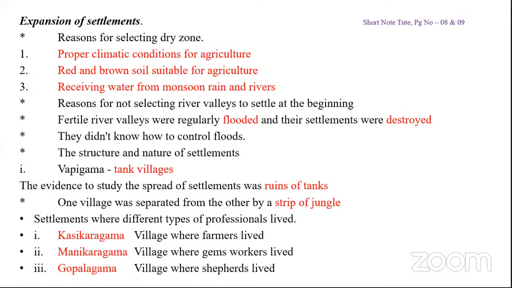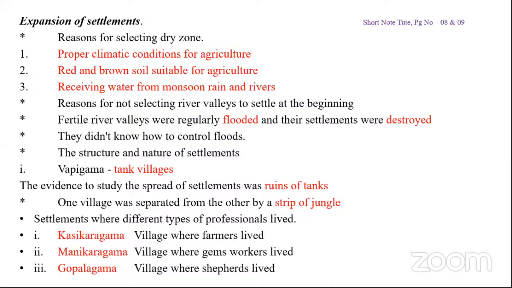Like that, there were 6 villages where different professionals were living. All the people in Kasikaragama were doing agriculture, farming activities, producing paddy. All the people in Manikaragama were doing gem mining and gem cutting. All the people in the cow villages were shepherds.